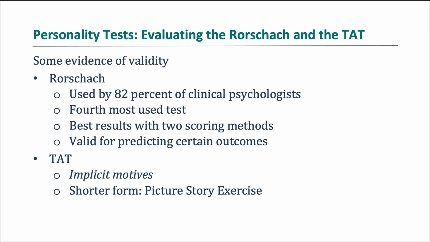Now, I will say there's some evidence of validity in the Rorschach and the TAT, but they're valid in predicting certain outcomes, like, for example, suicide, or attendance for treatment sessions, or commitment to mental hospital. So there's some evidence there. But there's little evidence of incremental validity beyond easier and cheaper tests such as the MMPI. So just keep that in mind. Now, I will say that the Rorschach is pretty fondly used.